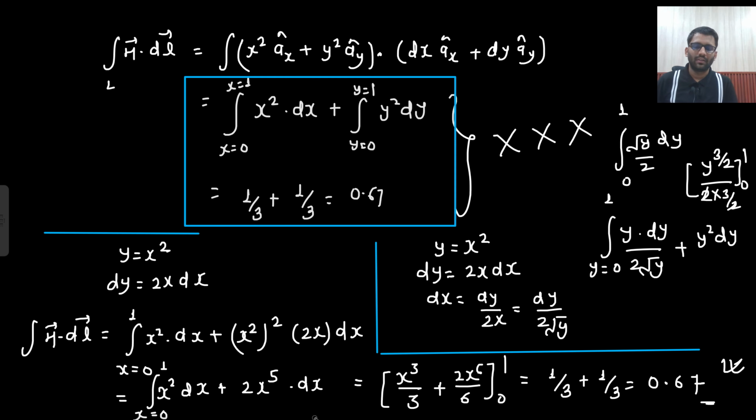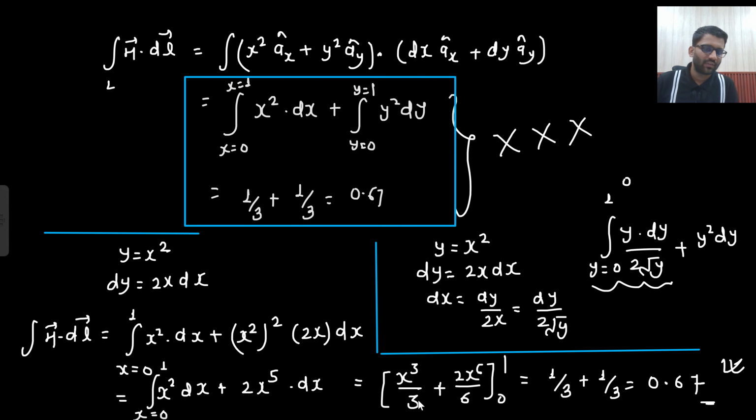So the result of this integration will be 1 by 3. Simply the integration you need to do, and this will be y cube by 3, so from 0 to 1 again it will be 1 by 3. So what is the answer you are getting? 0.67.